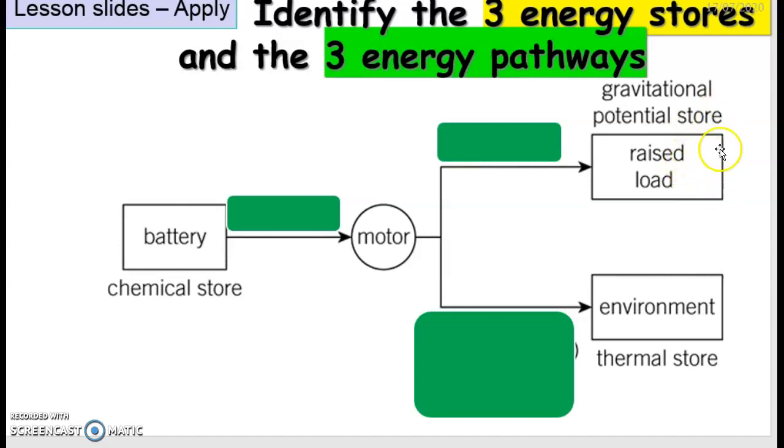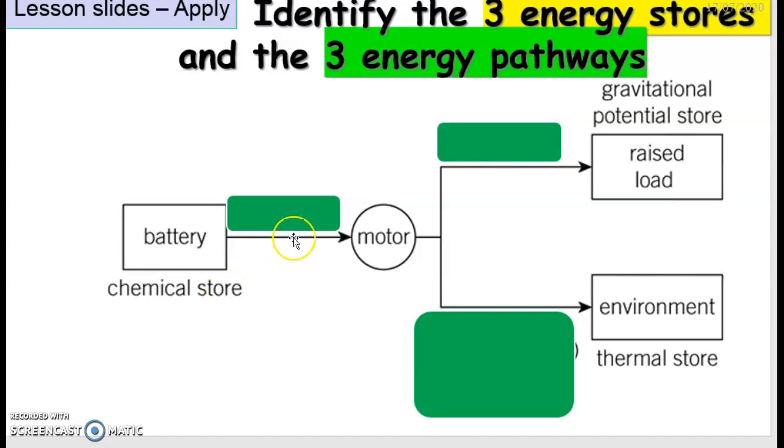So if it's higher, it's got a bigger gravitational potential energy store. And in the environment here, if this motor is working, if you've ever been next to a motor that's working, you'll realise it increases the temperature of the surrounding air. So we've increased the thermal store of the environment.